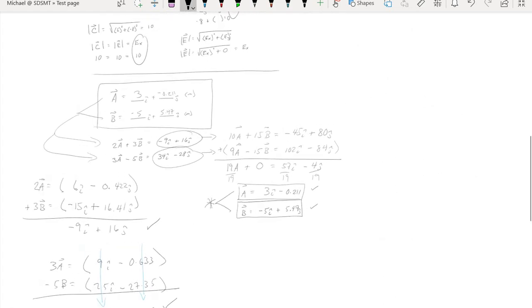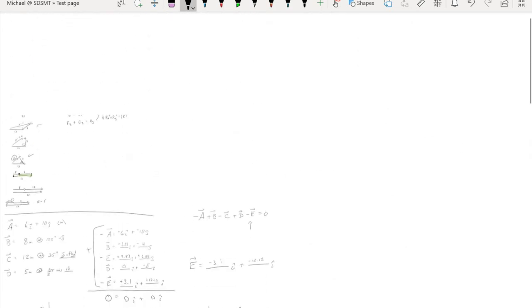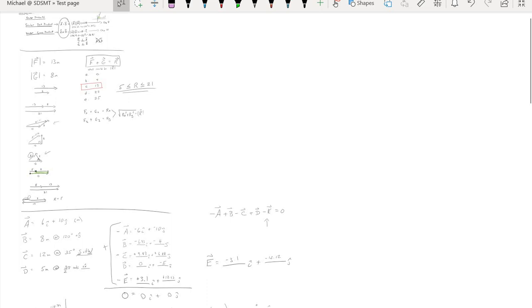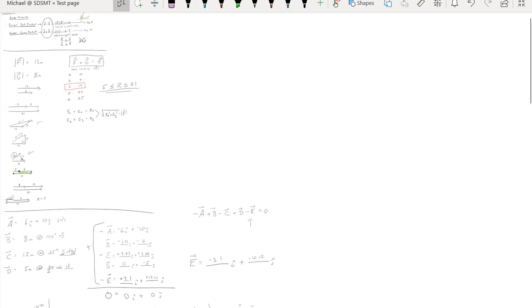Okay, so this brings us to the end of our Chapter 3 material. Now that we have all of this knowledge about vectors, we know how to take a vector, break it up into its components, we know how to put those components back together, and we now know how to add and subtract vectors.